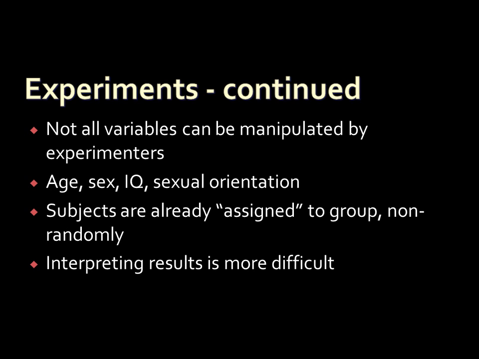For example, if you're looking for sex differences in some ability like mathematical ability, which is something that's often studied, you can't take someone who's 30, who's a man, and erase their experiences as a man and reassign them to be a woman. Because of that, it's very hard to separate the effects of biology and the effects of environment in those types of studies.